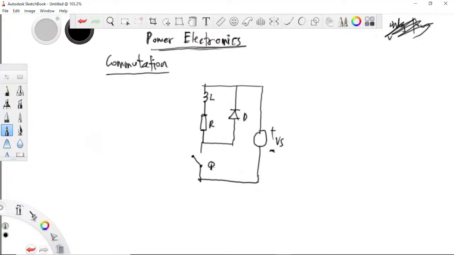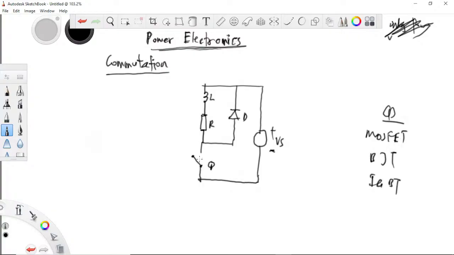Please, let's get this concept once and for all. Isiama did a very good job at making us understand it, so I'm just picking up from there. We must know that this is a switch. This Q may be a MOSFET, a BJT, or an IGBT.